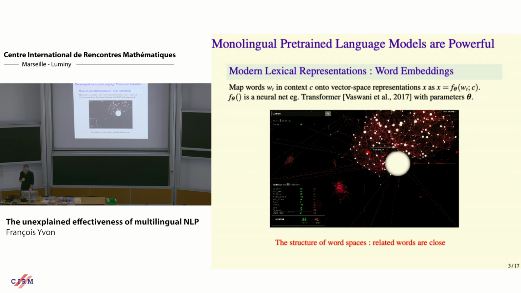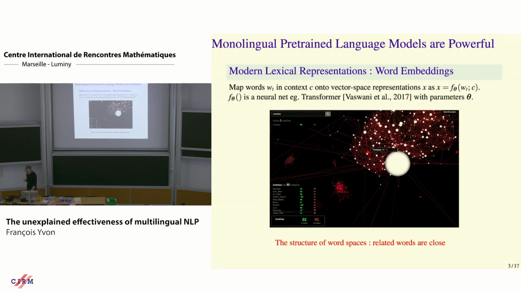So the community has found ways, and in fact it was known long before this paper, that we could project atoms, our words, into large dimensional spaces with the result that, probably you cannot see this on this slide, I'm sorry, words that are related are close in the embedding space.